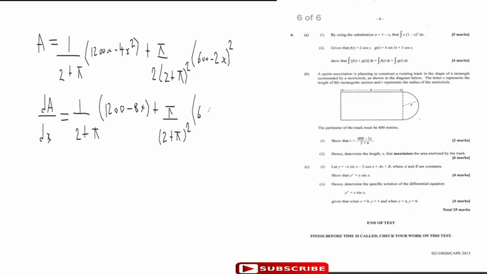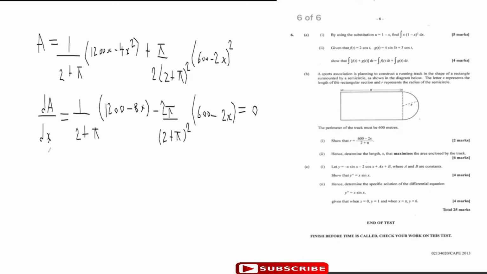Subtract 1 from the power to get 600 minus 2x times the differential inside the bracket, which is negative 2. Instead of doing that negative 2 on the outside, I'm going to rewrite this as minus 2 pi. And then for the area to be maximized, we set this equal to 0. So now we need to solve this equation for x.